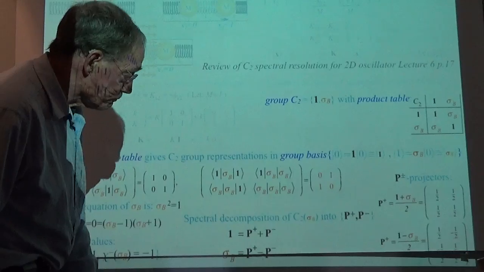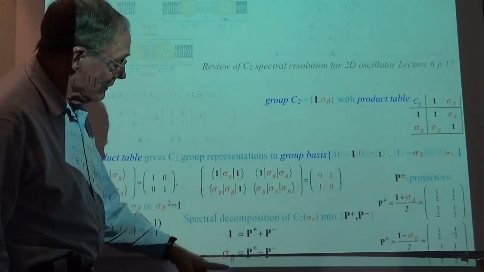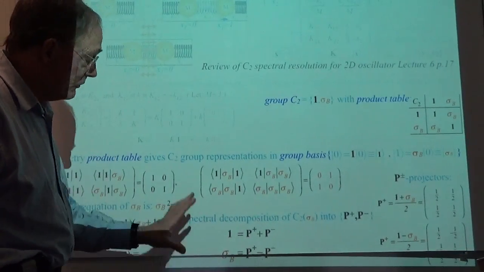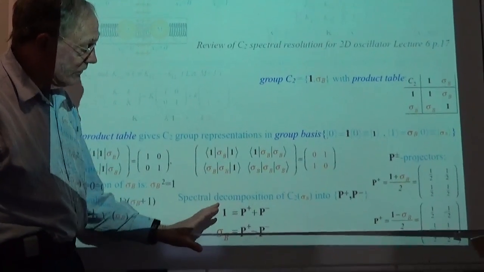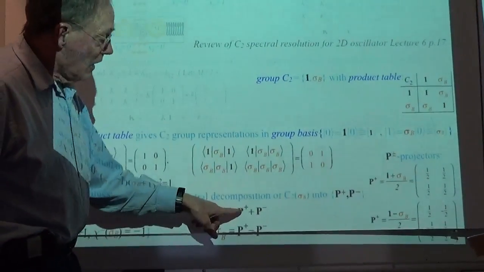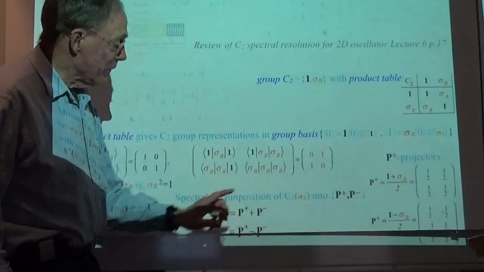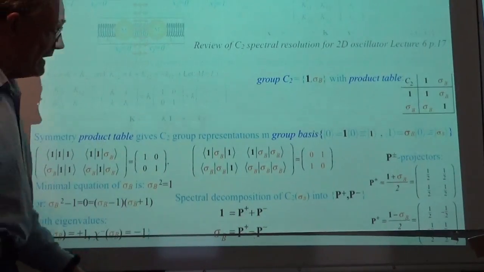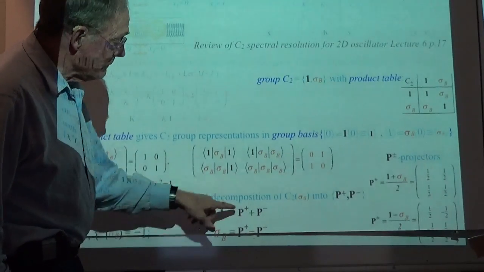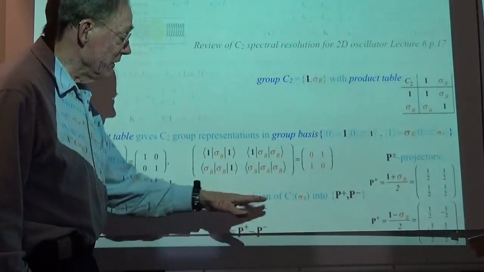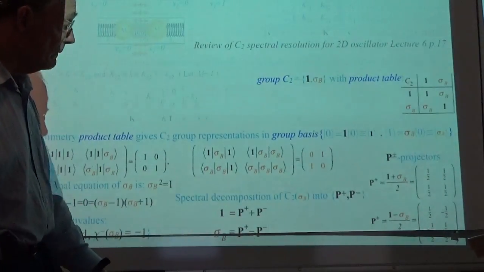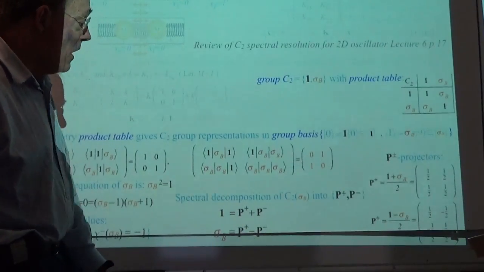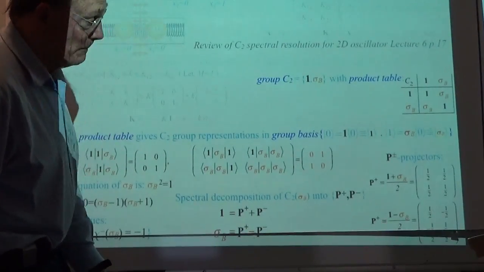The idea is that those group operators can be expressed as a linear combination of orthogonal idempotent operators, operators whose square gives themselves back again, and whose products between any different projection operator or idempotent gives 0.